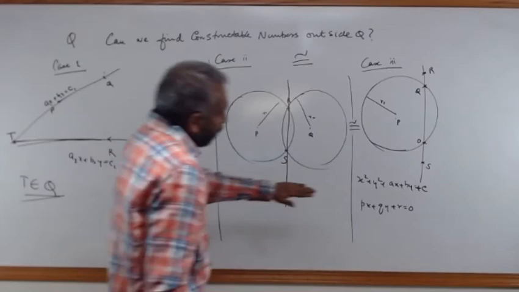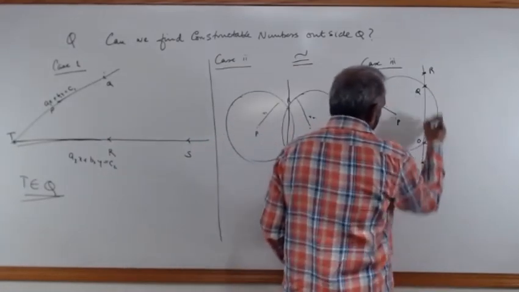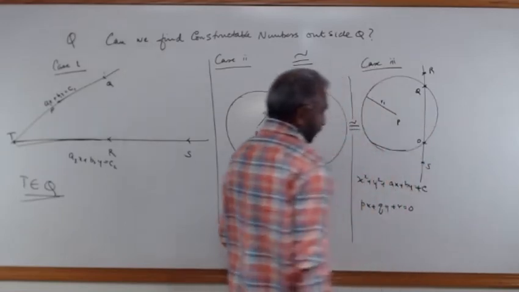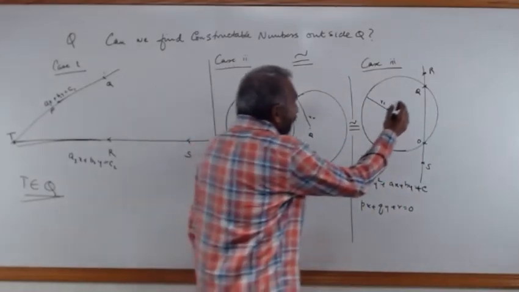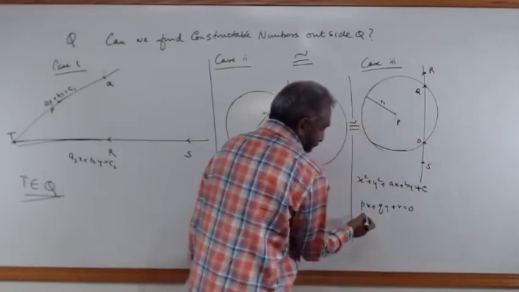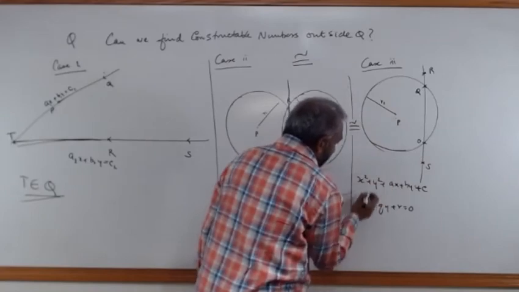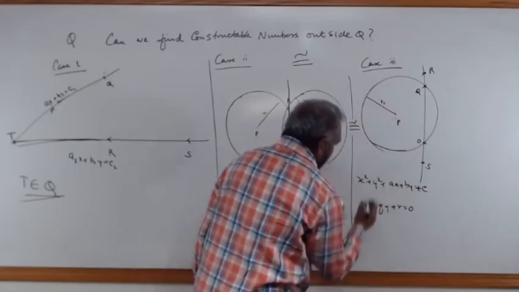When you solve this equation, you get these 2 points. And these 2 points actually will be, what will happen here.